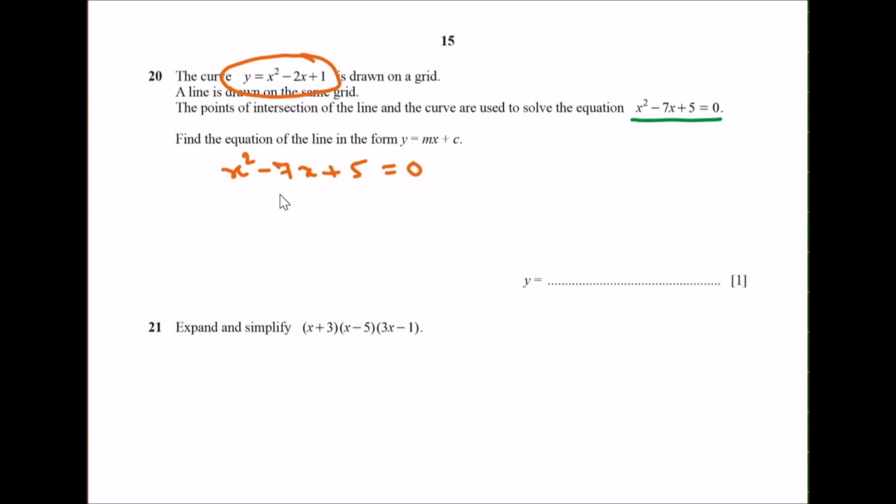So x square is already there. To get minus 2x, if we add 5x here, we'll get minus 7 plus 5 is minus 2x, and we need plus 1. That means we need to subtract 4, right? So what we are doing this side, we will be doing other side also. So 5x minus 4.